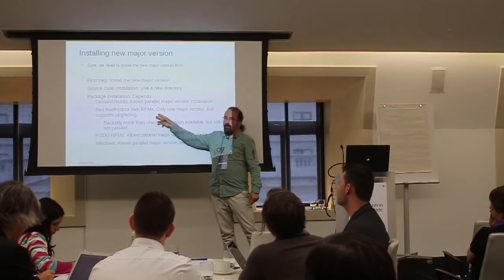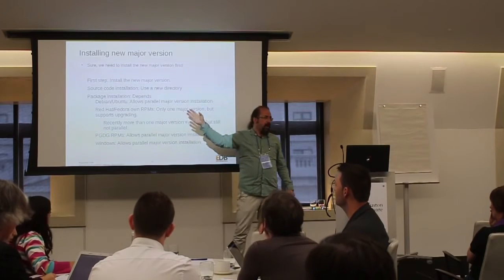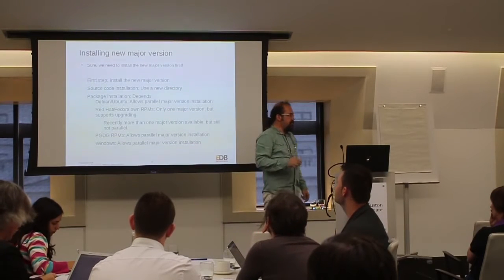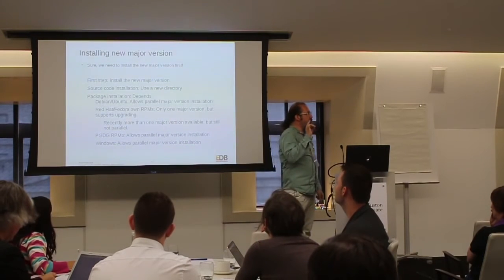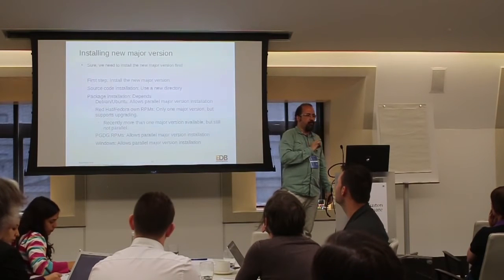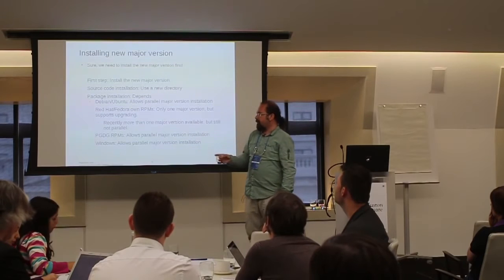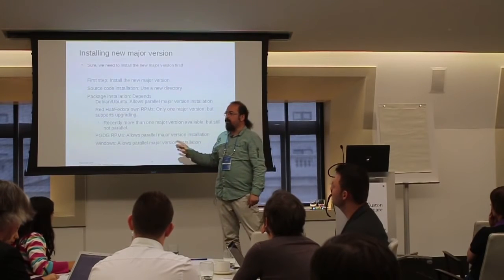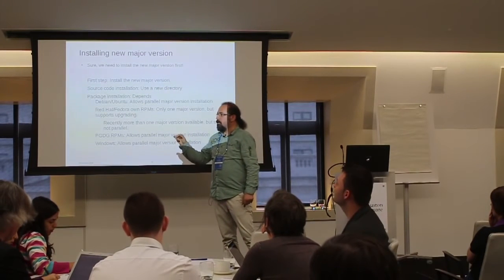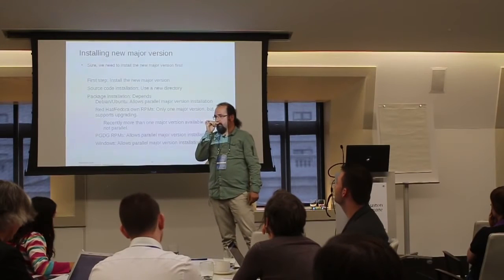And Red Hat and Fedora and CentOS or Scientific Linux, whatever, their own RPMs support only one major version, unfortunately. So if you are using the stock RPMs, you can only install the version which is provided by the operating system.